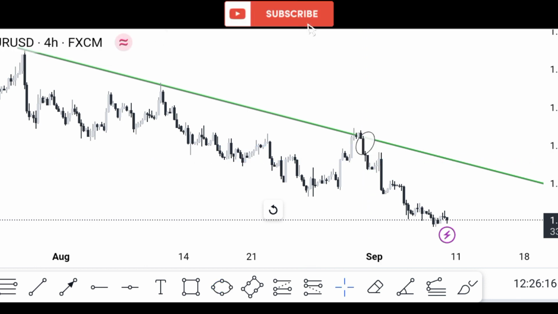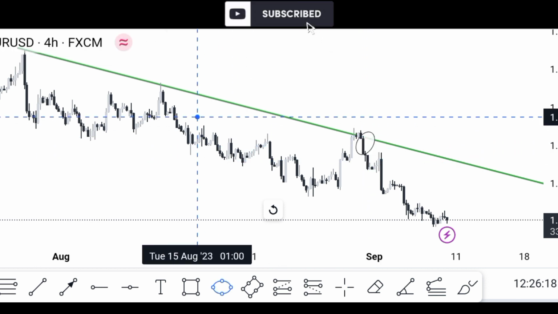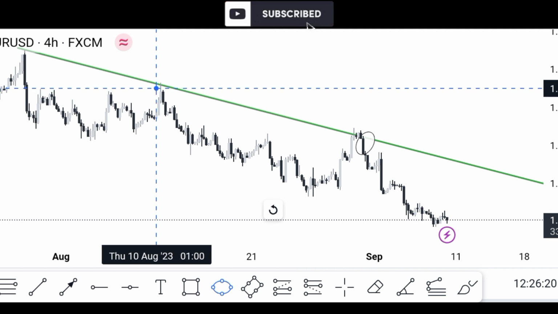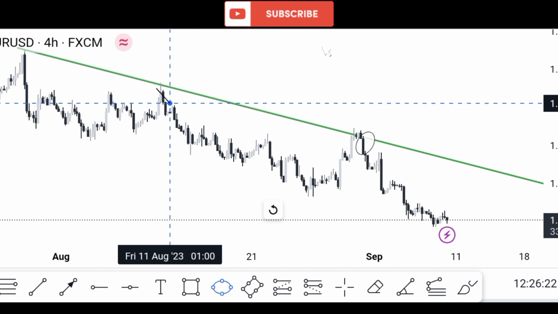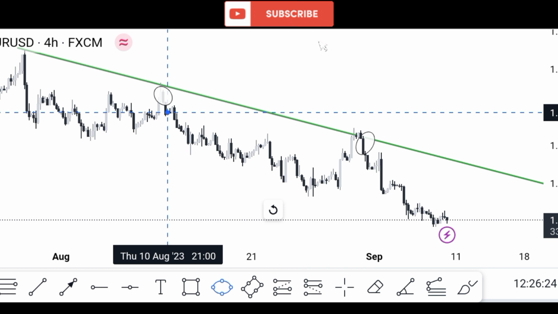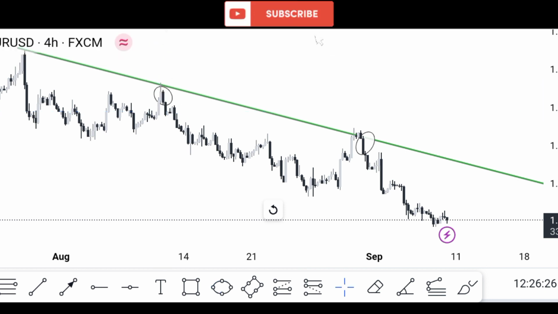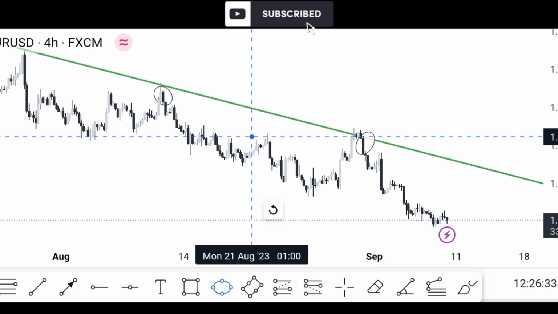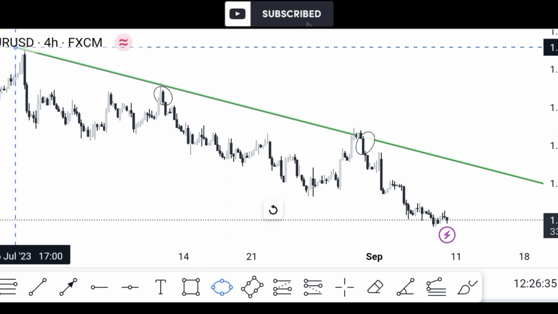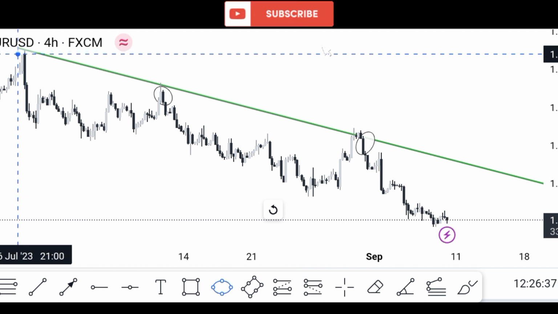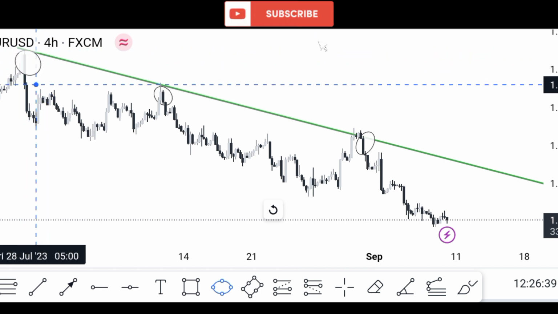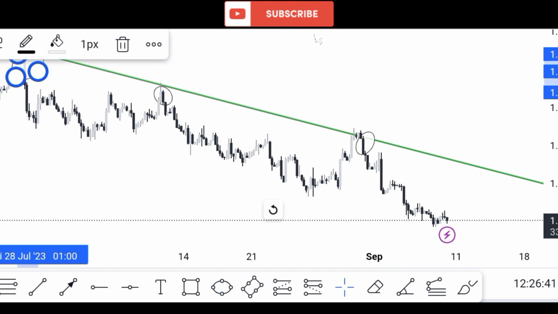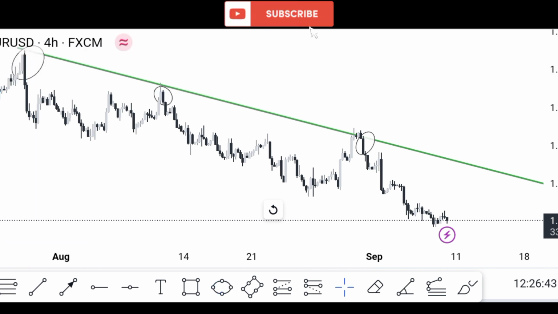You can spot it here, you can also spot it here. So when price gets to the trend line and you see this bearish engulfing pattern, you know yes, this trend line is holding. Look at this one also here, another bearish engulfing pattern. At this point, you are ready to sell. So you look for confirmations.